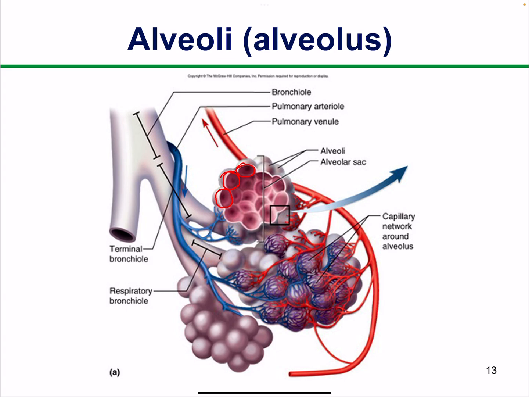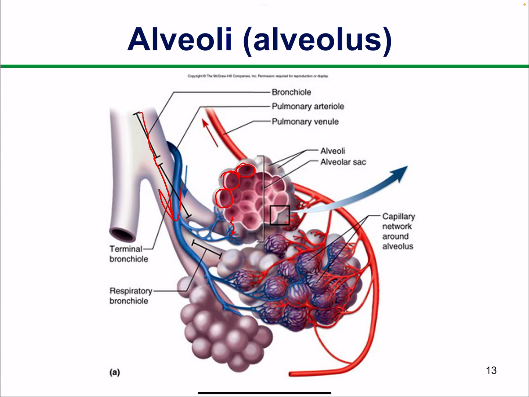So when we breathe in air, the oxygen that is abundant in the air, and poor in the blood, diffuses from the lung alveoli toward the blood vessels, specifically the capillaries.